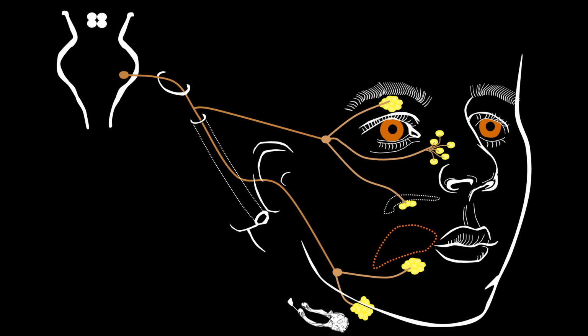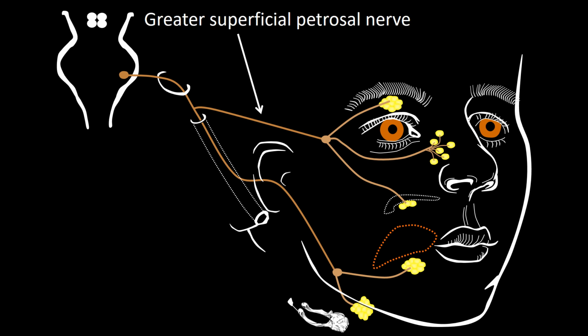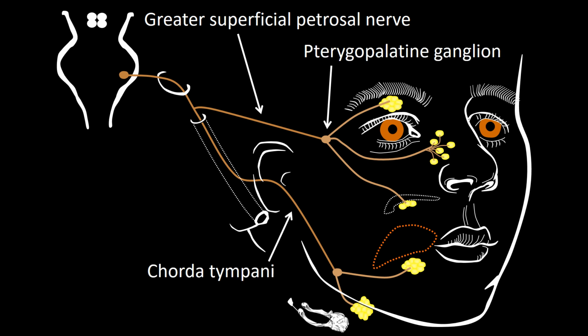I will now proceed to label the most relevant structures for our subsequent explanation. Here I have labeled the greater superficial petrosal nerve, pterygopalatine ganglion, chorda tympani, and the submandibular ganglion.